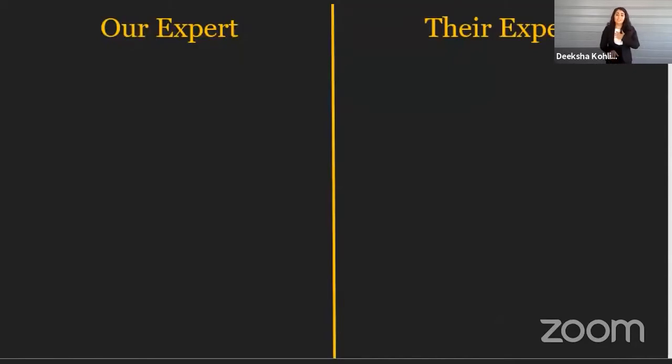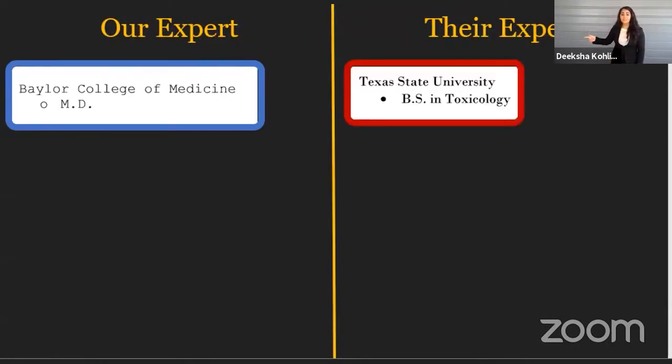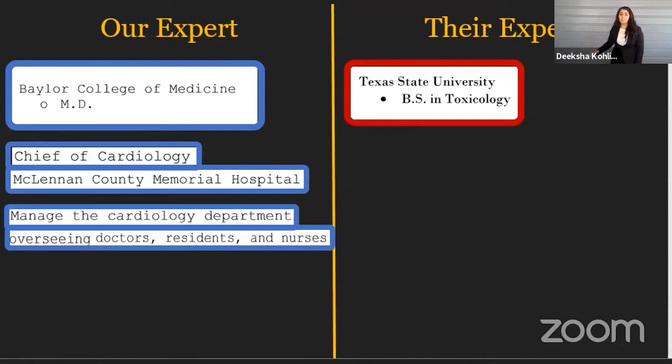Our expert has a medical degree from Baylor. Theirs has a bachelor's degree in toxicology. Our expert is the chief of cardiology at McClellan Memorial. Their expert is a toxicologist who has never worked in a lab.